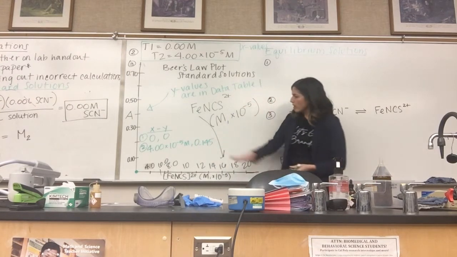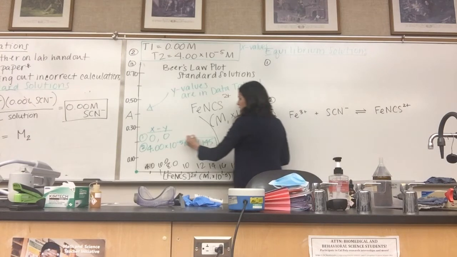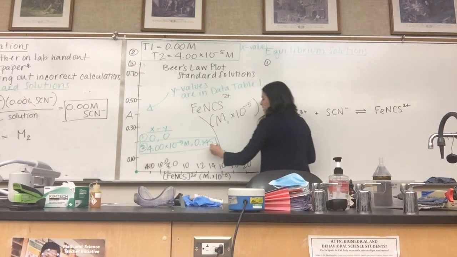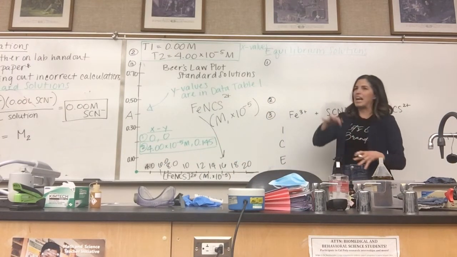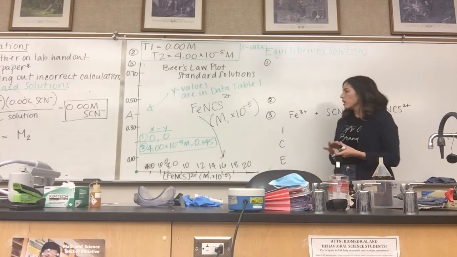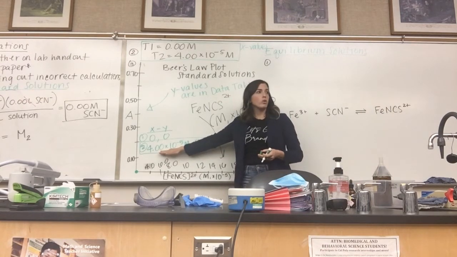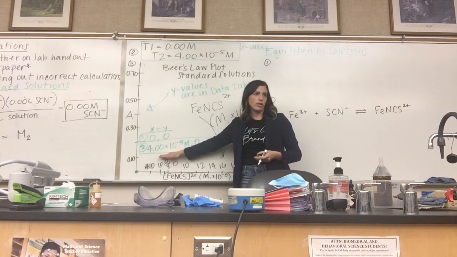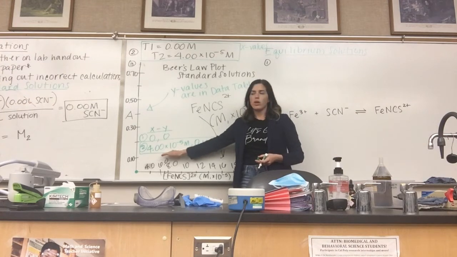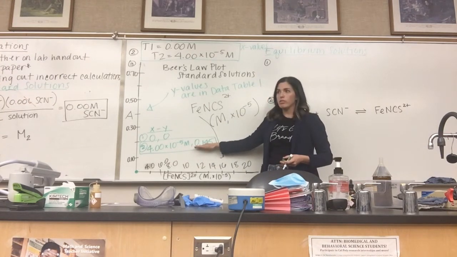Okay, this right here, what I'm going to box, that is Hector and Felipe's second XY value. This number for you should be the same. The concentration should be the same for your second XY value. But your Y value should be different, right? You have a different absorbance in your data table 1.